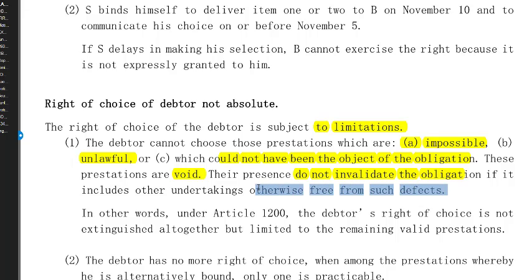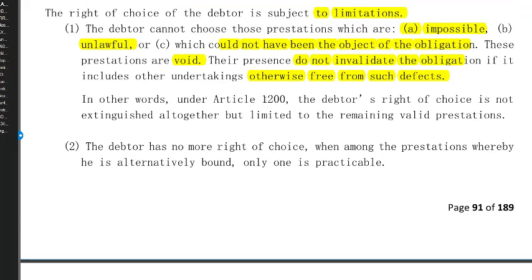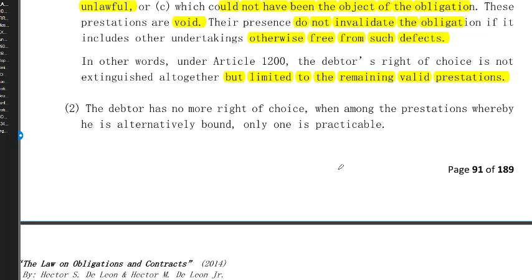Kaya in my previous examples, since ang remaining na lang ay yung specific car, then you have to deliver the specific car. So, in other words, under this provision, the debtor's right of choice is not extinguished altogether but limited only to the remaining na mga valid na prestations.